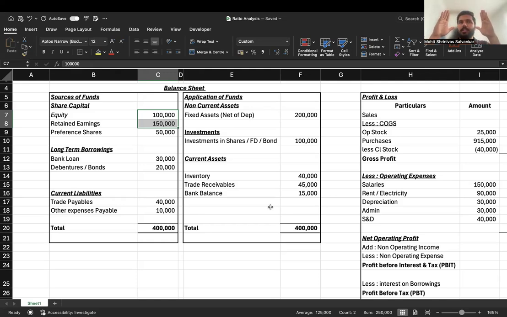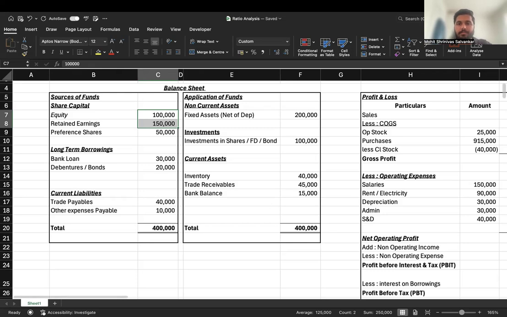So in financial statements, the way in which you make the profit and loss account, it does not consider the impact of non-cash items, as in that profit is after reducing the depreciation, and also the sales which you have shown at the top in the profit and loss account.